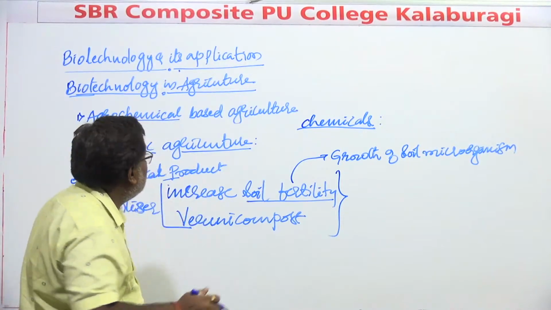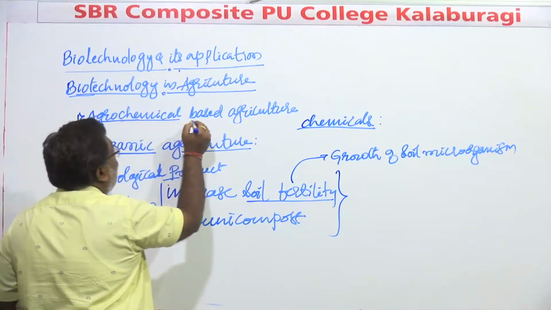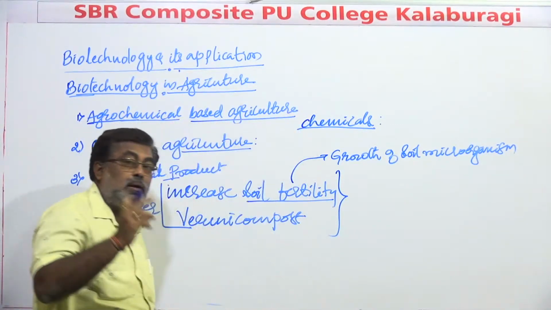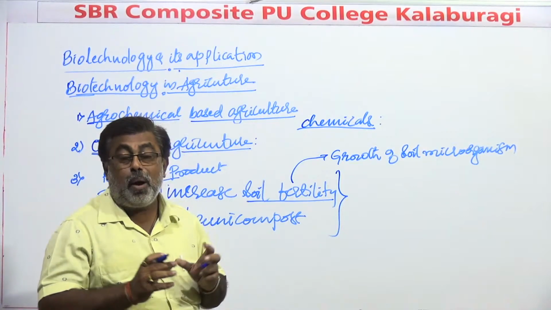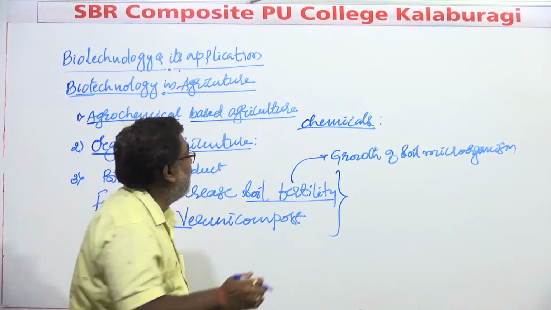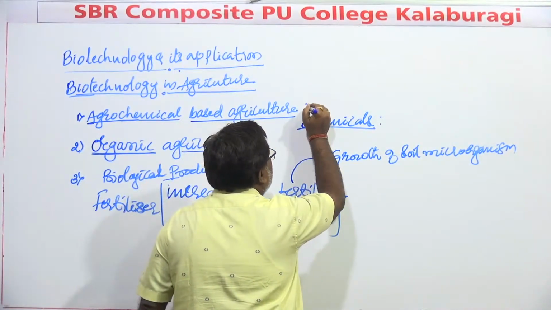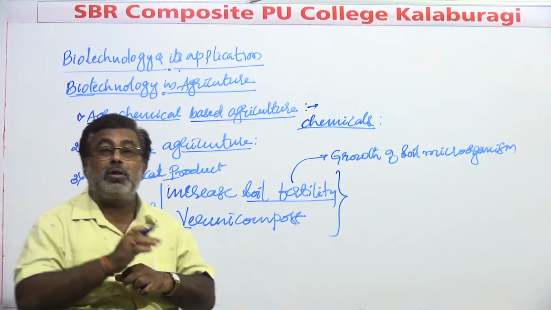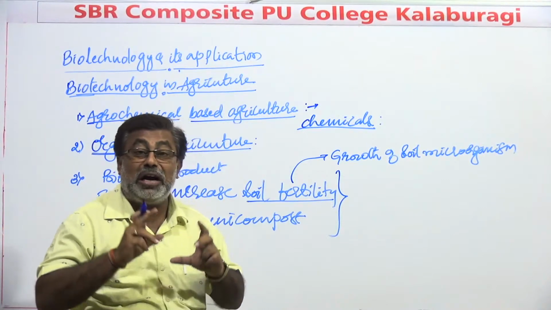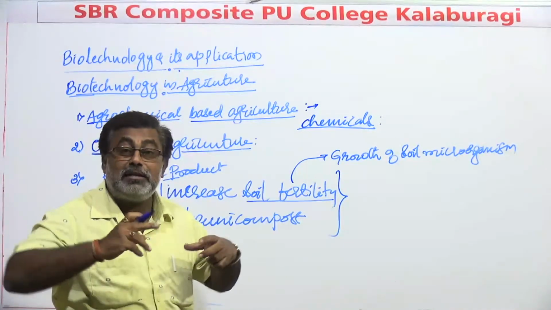Here, in these two, what happens? The use of chemical fertilizers in a developing country is a burden for the farmers and agriculturists. Why is it a burden?